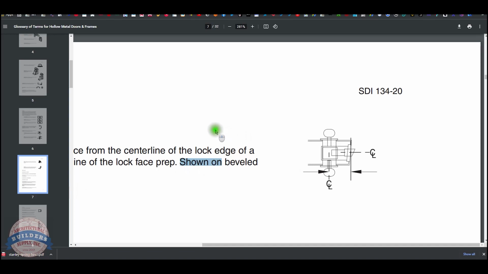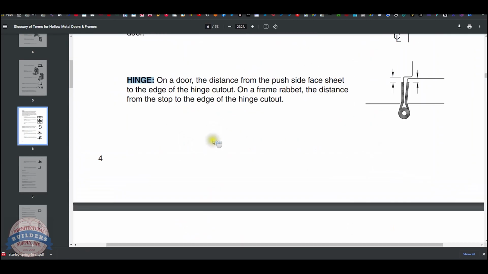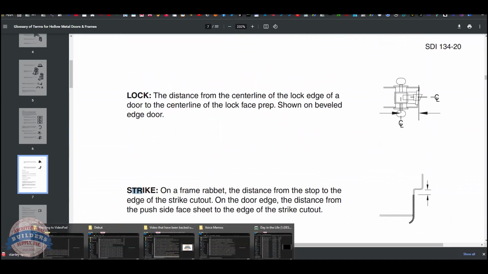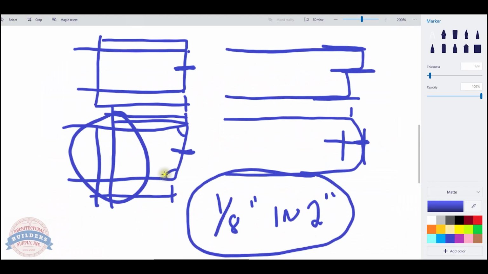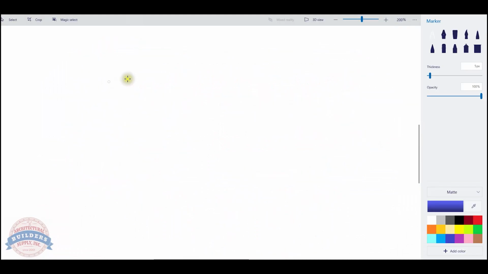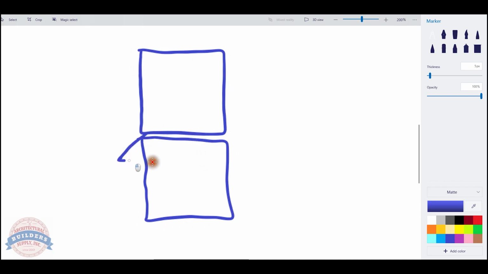Okay, so before we get to Hinge and Strike, let's talk about another definition of backset. Backset could be this. I have a Dutch door, and it's got a shelf on it, right?